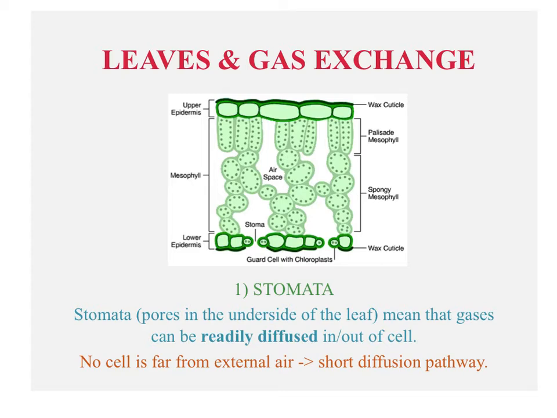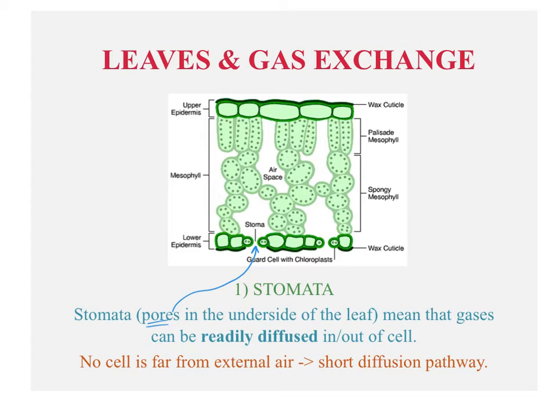So to begin with, we've got the GCSE favourite that everybody loves to talk about, the stomata. Now, before we move on, I want to make really, really highly clear, I want you to flag it up in your notes, the stomata are the pores, they're the holes. Okay, they're not the bits around the outside, those are the guard cells, we're going to look at those in a second.